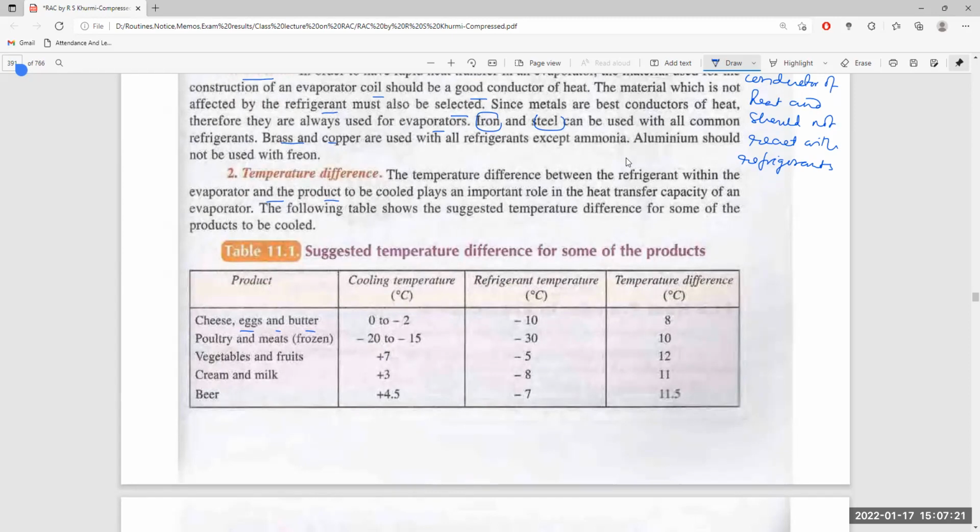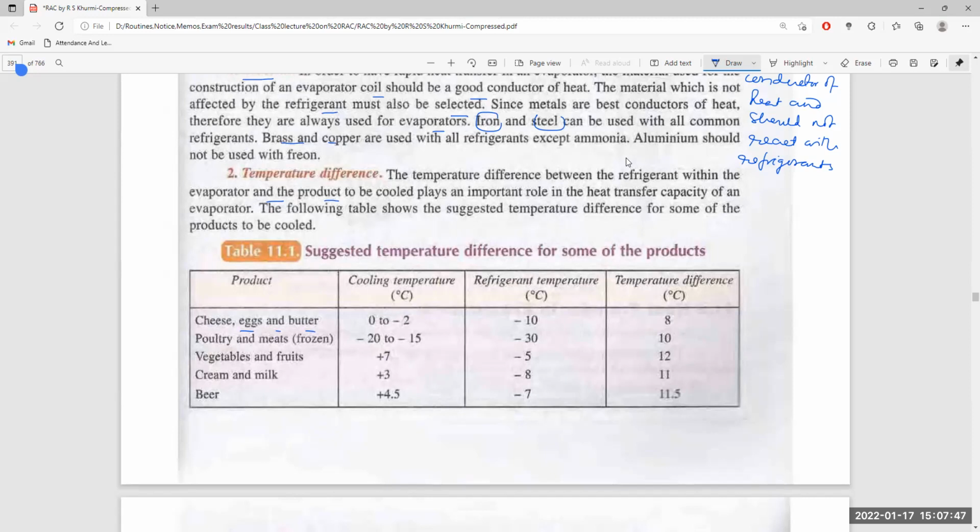Cream and milk should be +3 with refrigerant at -8, a difference of 11. Beer is 4.5 with refrigerant at -7, a difference of 11.5. So the difference between the cooling temperature and the refrigerant temperature should be around 10 to 12 degrees centigrade.